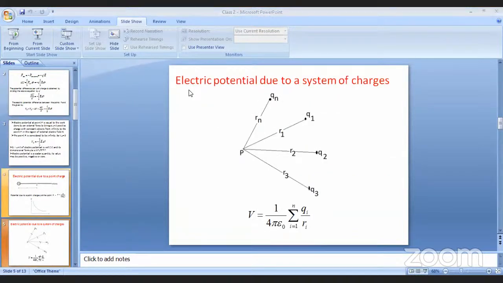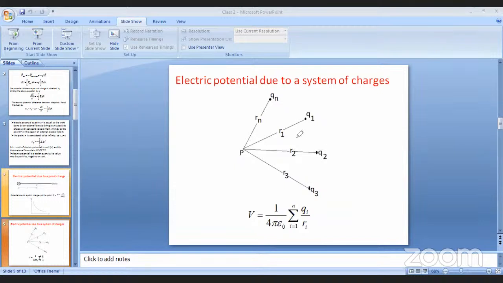Here also we can apply the superposition principle. Here you see there are n number of charges. This is q1, this is q2, this is q3. Like that, you can take n number of charges. The n can be 100, 200, 150, 300 or any value.